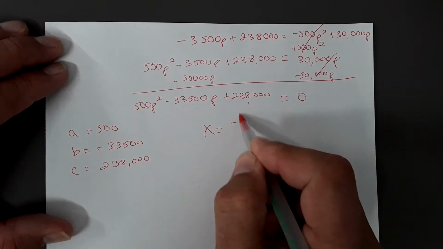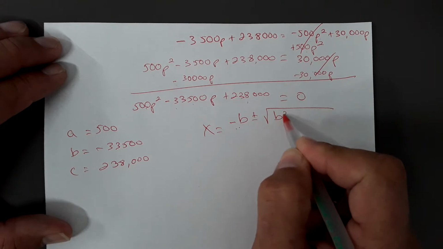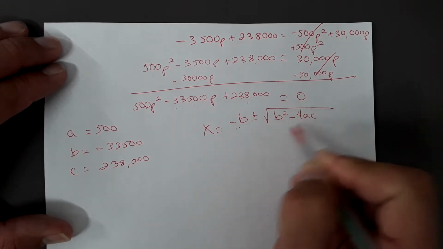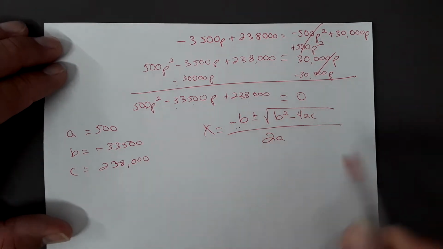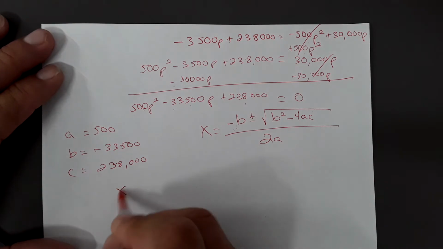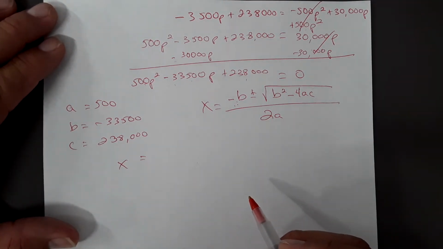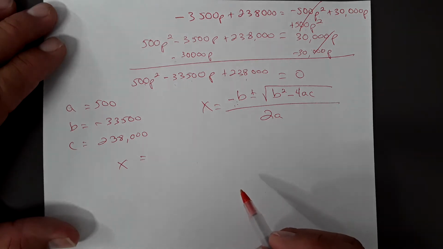And now I'm going to throw this into the quadratic formula. X equals the opposite of B plus or minus the square root of B squared minus 4AC all over 2 times A. You should remember that from your Algebra 1 and your Algebra 2 classes. So the opposite of B. This is going to take us a minute to find the solutions, but these are going to give us, when we find them, the break-even points.